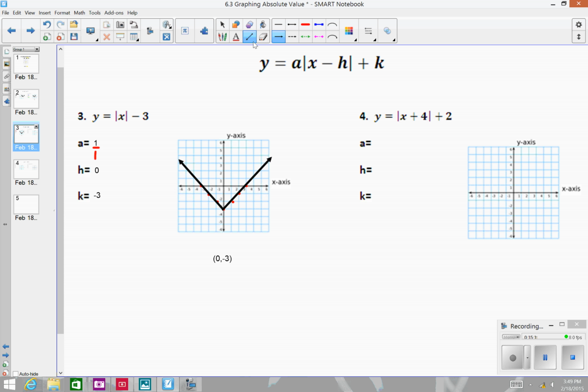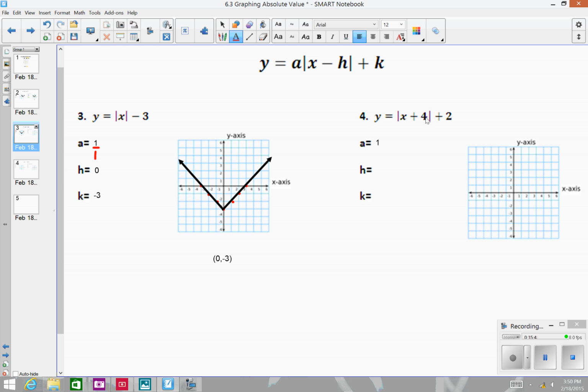Okay. Let's do one more before I give you some money problems. So let's try the next one. I'm going to say my a value here is going to be 1. Good. Now, what's my h value? My h value is opposite of what you see.